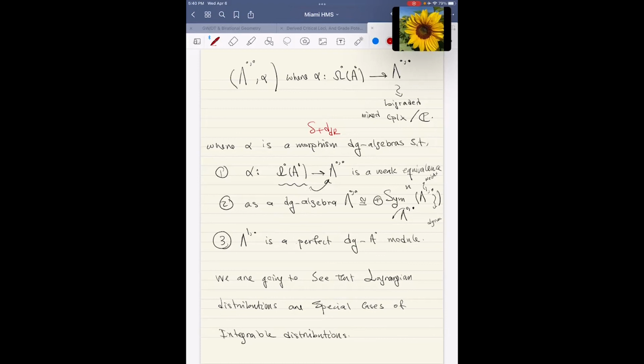What do you mean by this condition? What do I mean? This is what it is. It's just a map of mixed graded algebras. For me, the distribution is basically just this information.